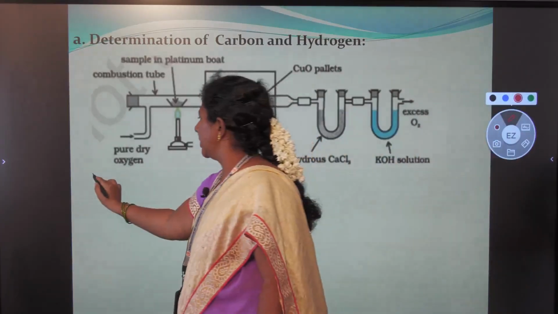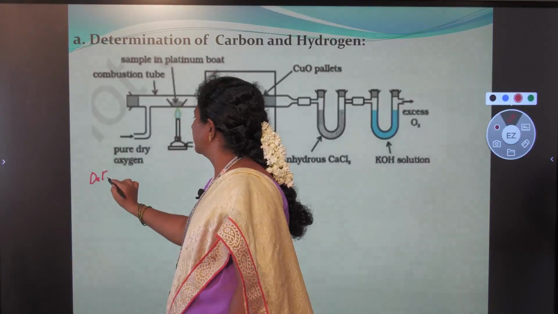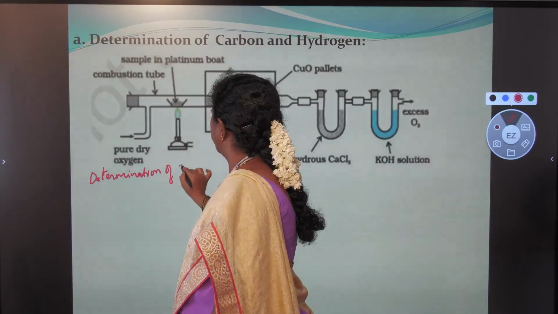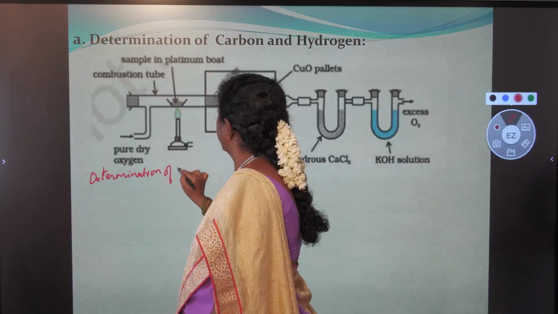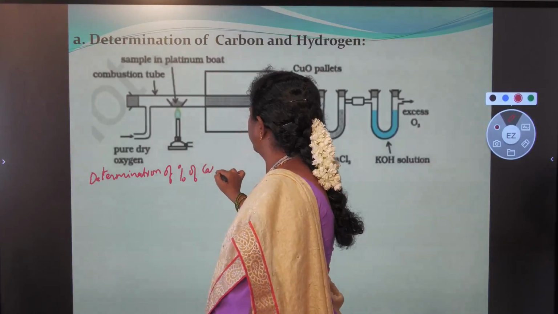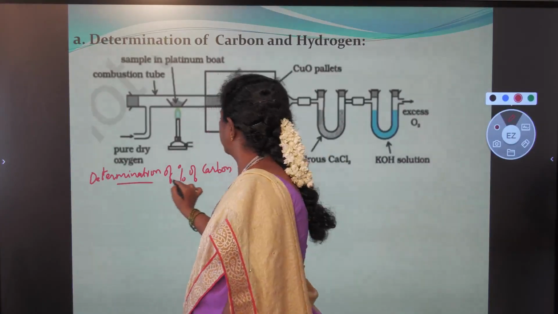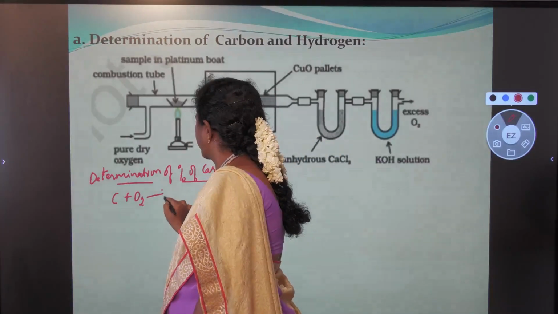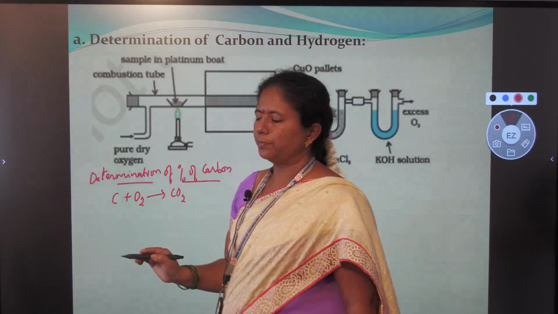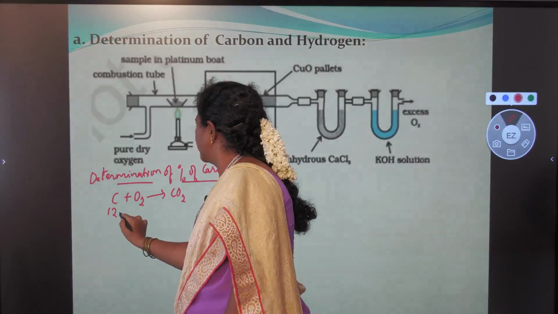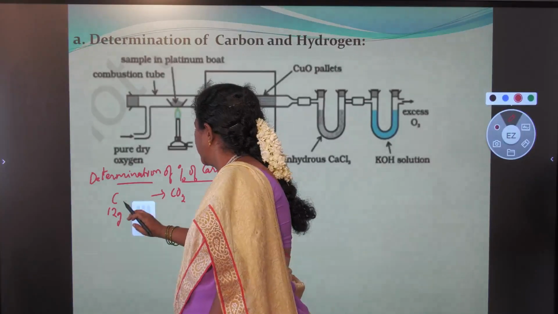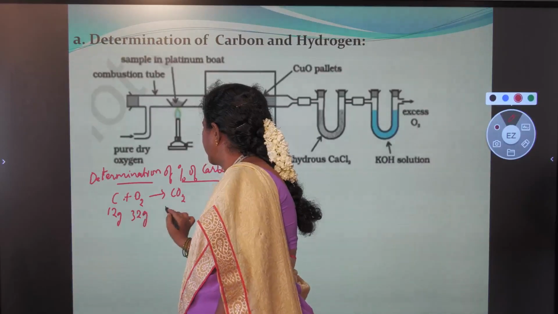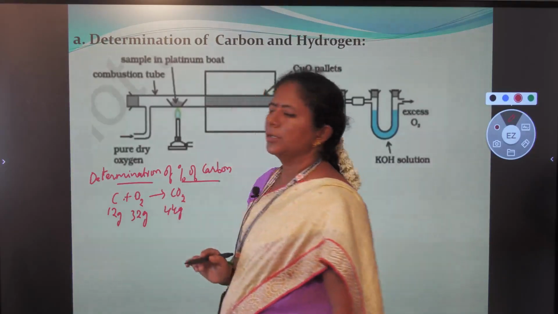Next one is determination of percentage of carbon. Carbon present in the fuel reacts with oxygen and forms CO2. 12 grams of carbon, 32 grams of oxygen gives rise to 44 grams of CO2.